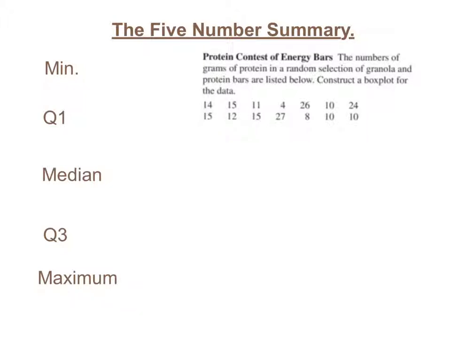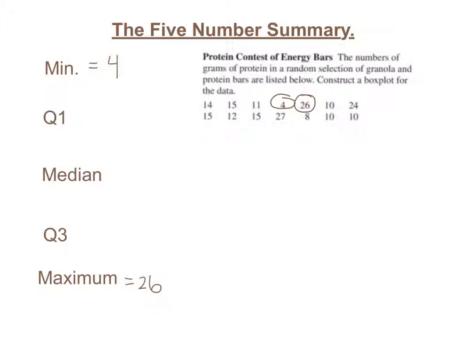Let's do a problem together. Right, so let's take a look at this. First, we find our minimum. That would be 4. Then we look for our maximum, 26. And now we need to order these and find Q1 and Q3.